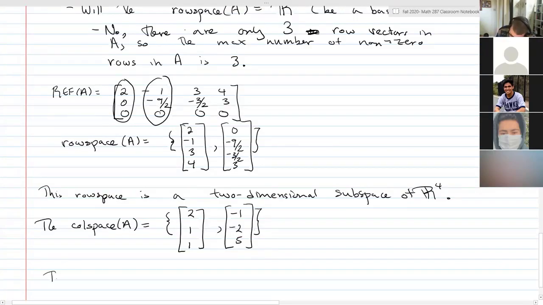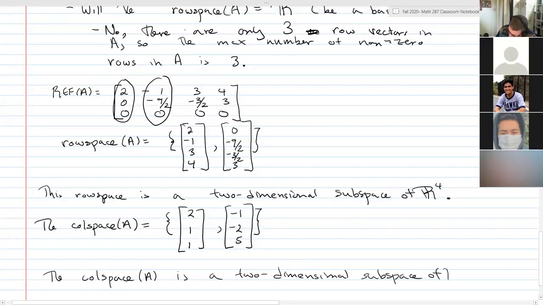Okay. So the column space of A is a two-dimensional subspace of R3. And once again, just to emphasize, since R4 requires 4 linearly independent vectors to get all of R4, the row space of A is not all of R4.